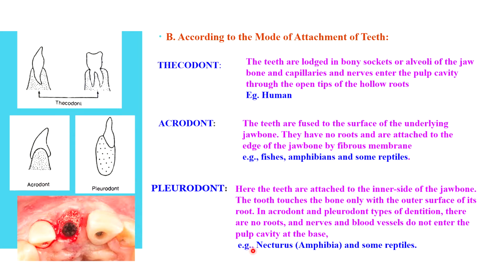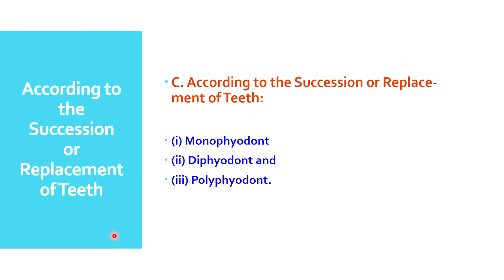Necturus and some reptiles are examples of pleurodont teeth. Thecodont, acrodont and pleurodont. This is the socket. Inside this portion the teeth are located.